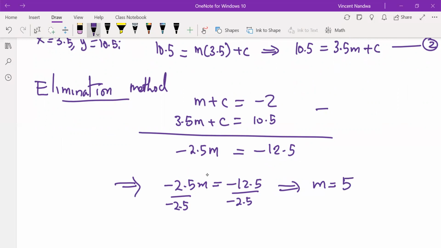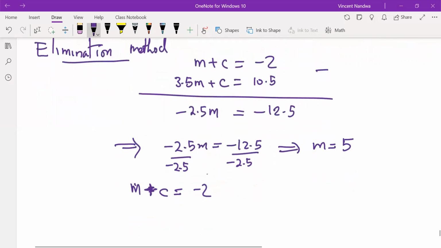Now from equation 1, m plus c equals to minus 2. So if I put 5 plus c equals to minus 2, so it will be minus 2 minus 5, which will give me minus 7.